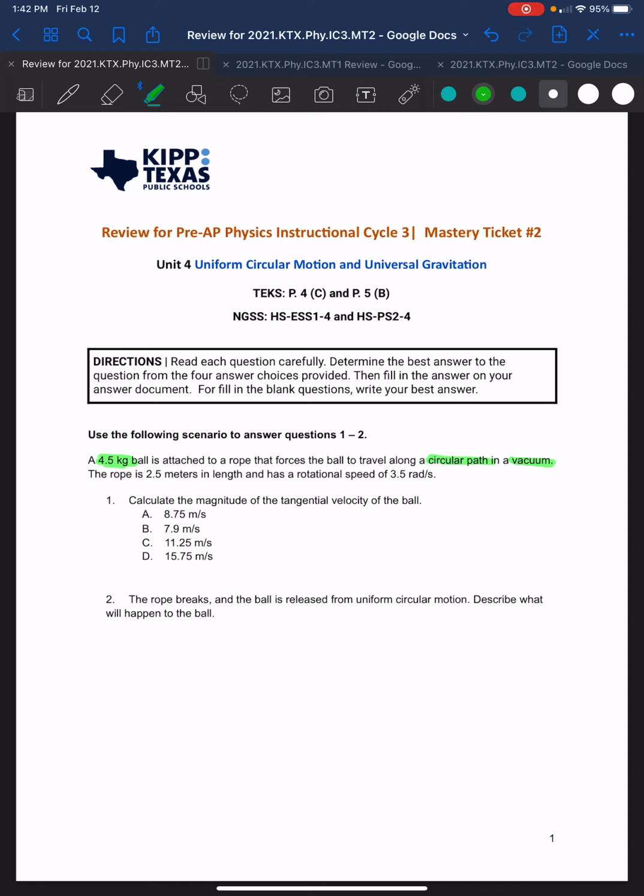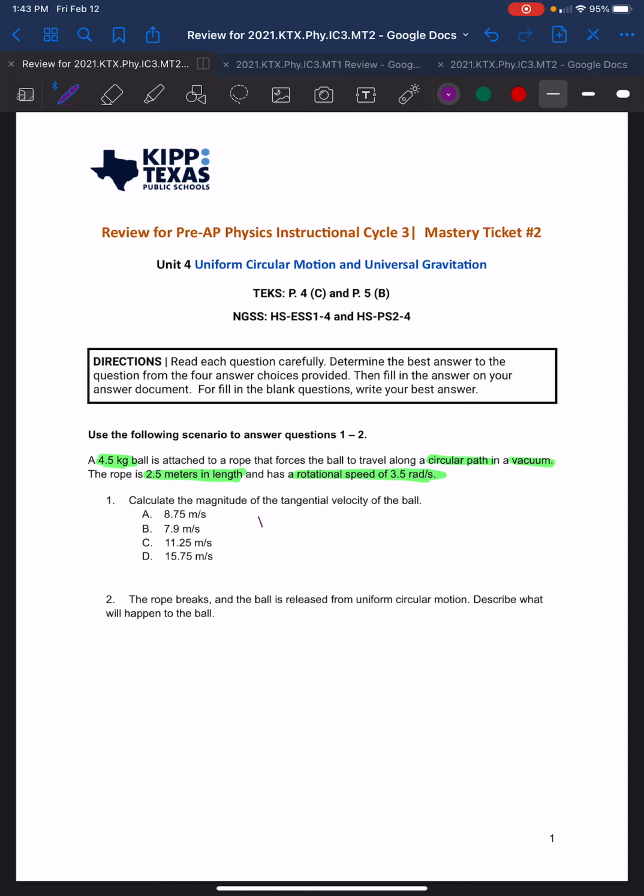All right. The rope is 2.5 meters in length, so that's important. And rotational speed of 3.5 rotations per second. So the question says calculate the magnitude of the tangential velocity of the ball. All right, so we have to remember the formula for tangential velocity.